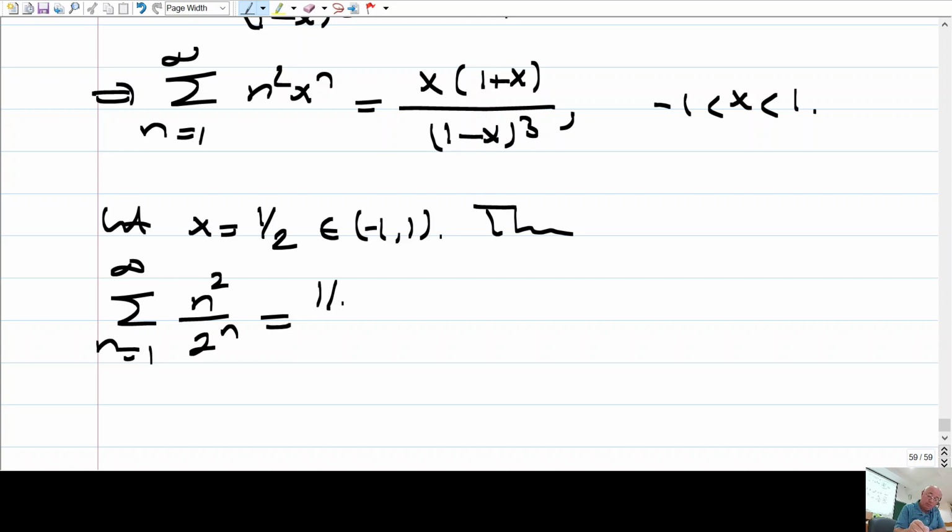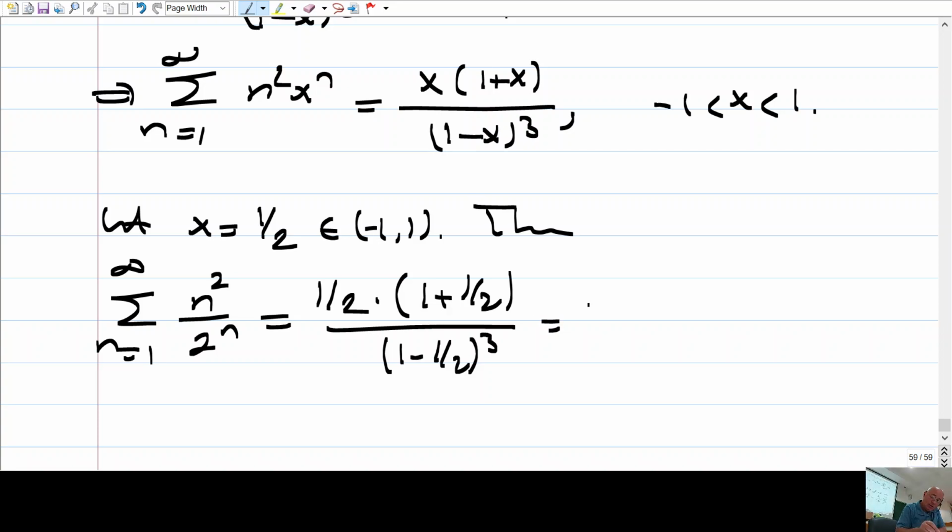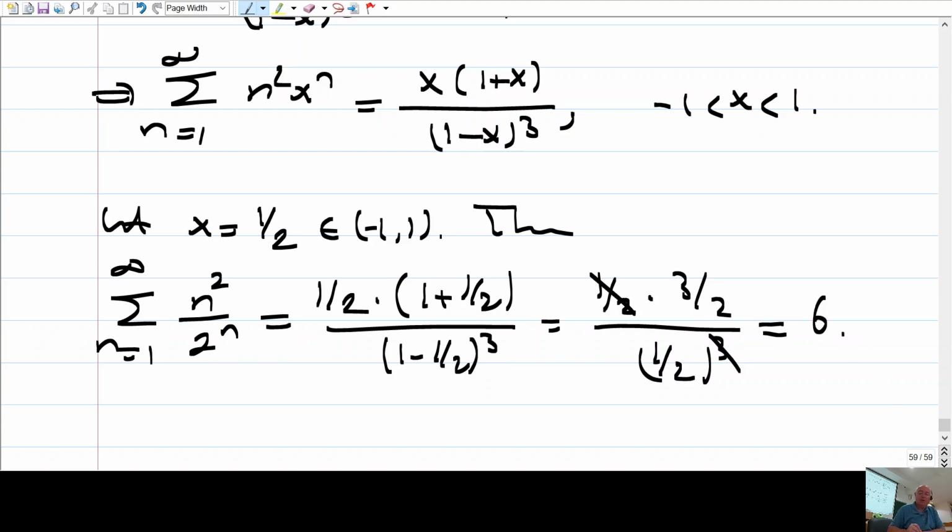And here you get 1 over 2 times 1 plus 1 over 2, and then 1 minus 1 over 2 cubed. So this is just 1 over 2 times 3 halves divided by 1 over 2 cubed. One of them is gone. Here there is 4. We multiplied by 4. If you multiply 3 over 2 by 4, you get 6. So the sum of n squared over 2 to the power n from 1 to infinity is equal to 6.